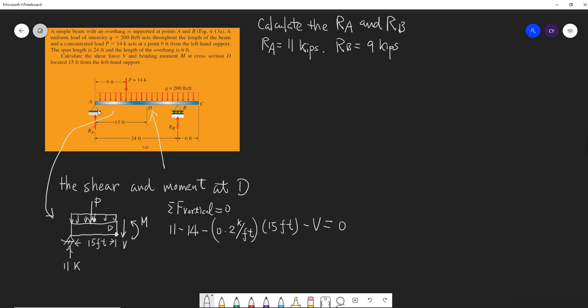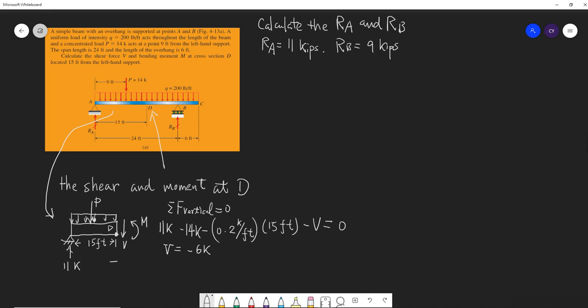I think it's better to write down in detail, easy for your understanding: 11 kips minus 14 kips. From this equation you can calculate the shear is equal to minus 6 kips, and this is the first equilibrium equation.